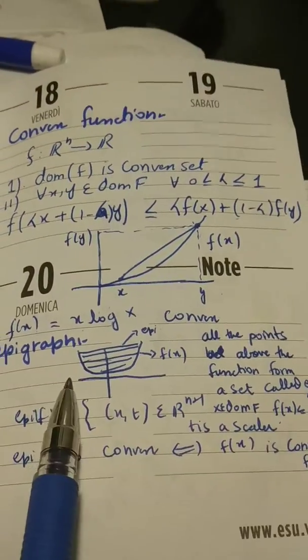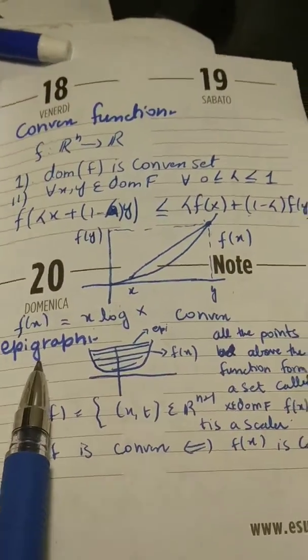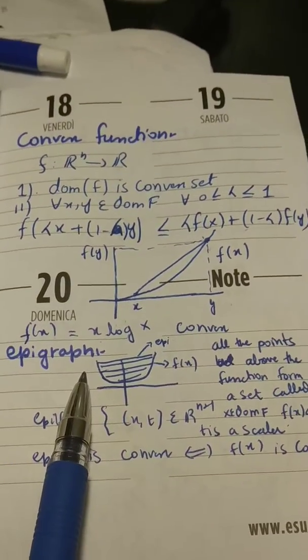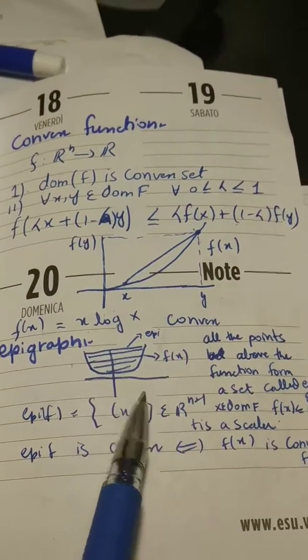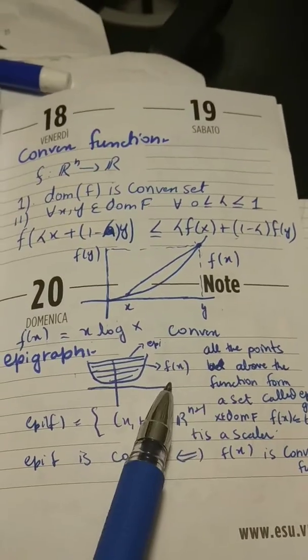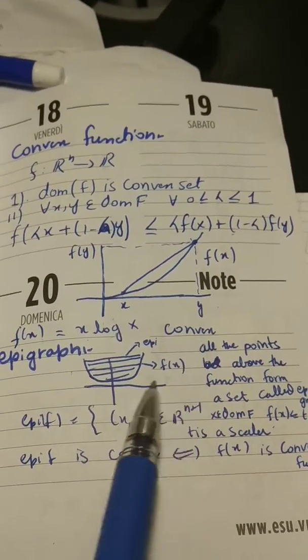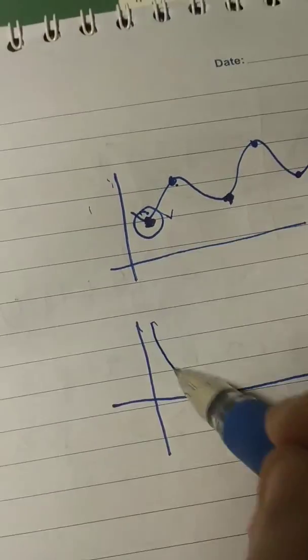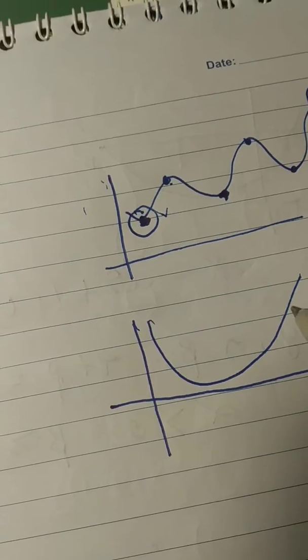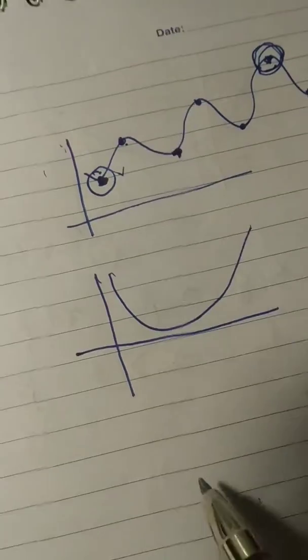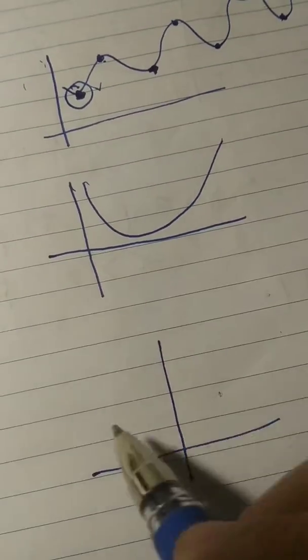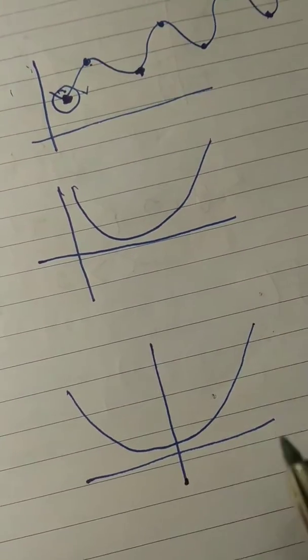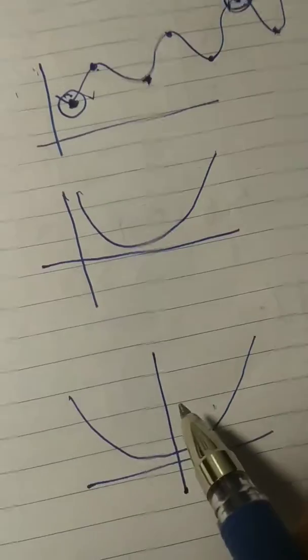Now I will explain what the epigraph is. I will give you the general idea, not going into the details. If we have a convex function, like this, or you can take it like this, then we have to find the epigraph.